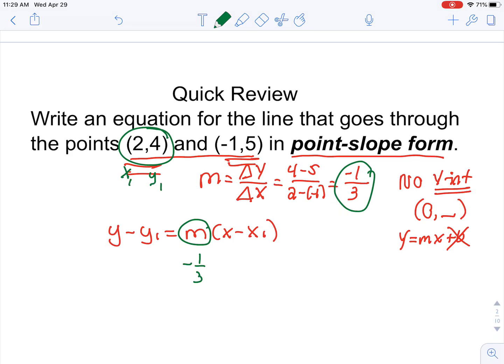So I'm going to be plugging in 4 for my y1, I'm going to plug in 2 for my x1, and my equation in point slope form is y minus 4 equals -1/3 times (x minus 2). Whenever we do not have a b value, a y-intercept, and we have a different point, we're going to have to use this point slope form to write our equation.